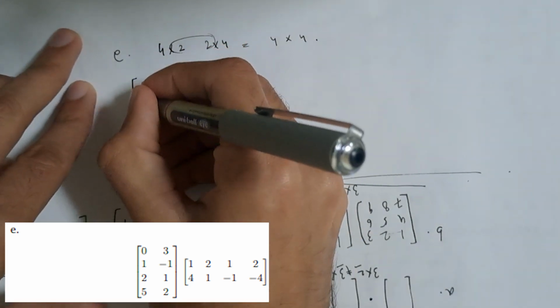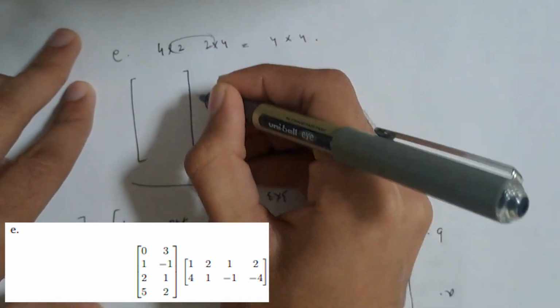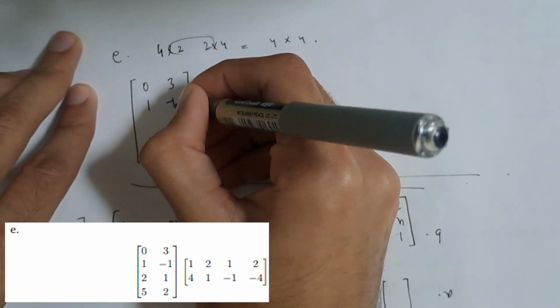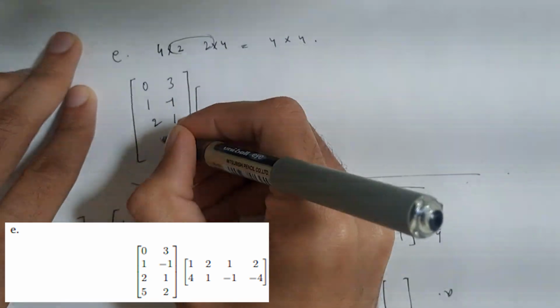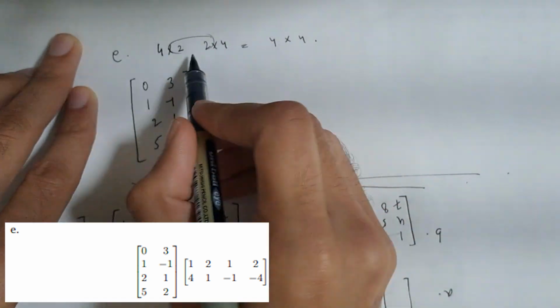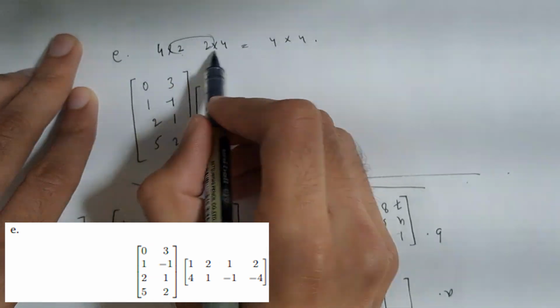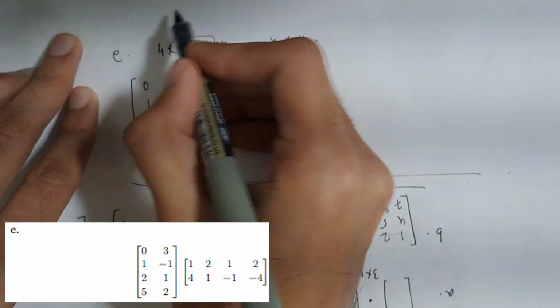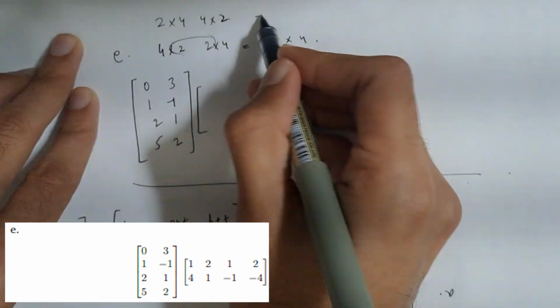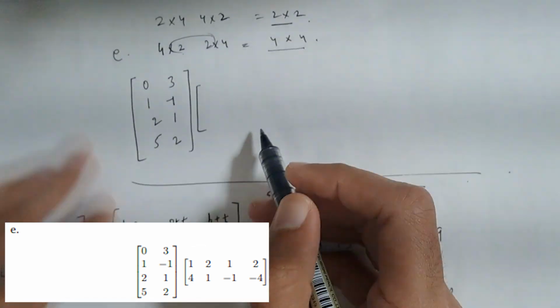Now this is a fairly large matrix. So let's ensure that we chart out everything very neatly this time. 0, 3, 1, minus 1, 2, 1, 5, 2. It is interesting, right? When you multiply 4 by 2 by 4, you get a very large matrix. But had you flipped the order of multiplying them, you would have gotten a much smaller matrix.